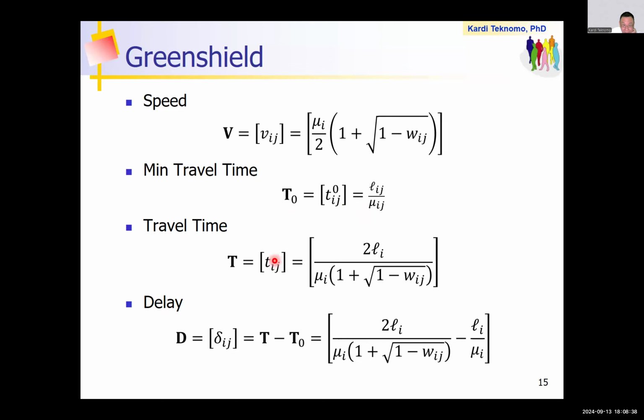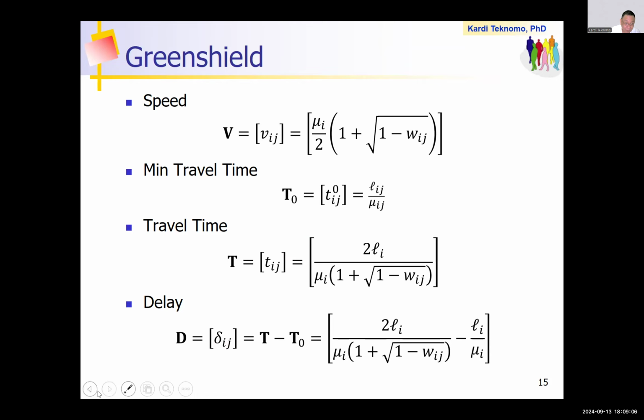The real travel time is this one, based on this speed: L divided by speed. I just put this in the bottom, and this one could become up. So it is the exact formula. And then the delay is simple, T minus T0, that means travel time minus minimum travel time. So then you get the value.